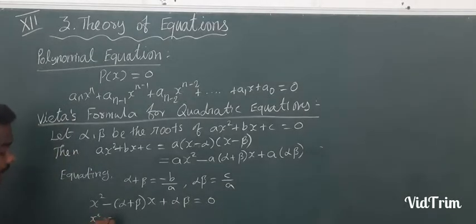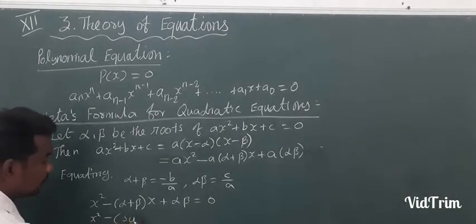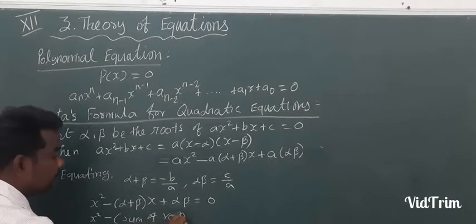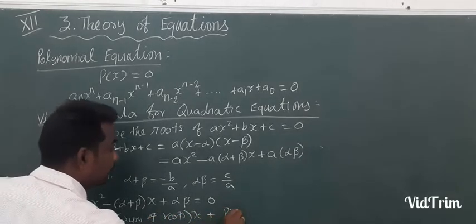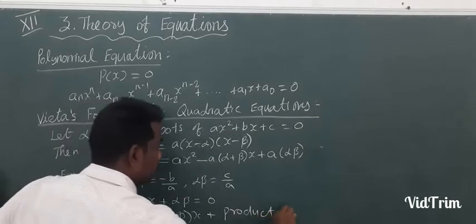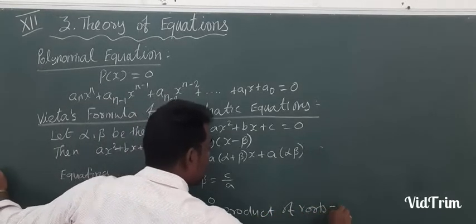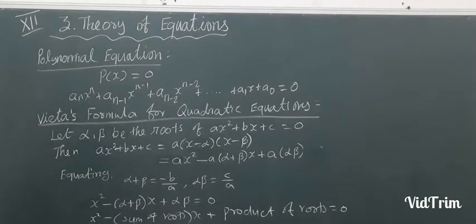We could say x^2 - (sum of roots)x + product of roots = 0. So whichever way we use, roots or factors, that is the final quadratic equation using the Vieta formula: x^2 - (sum of the roots)x + product of the roots = 0.